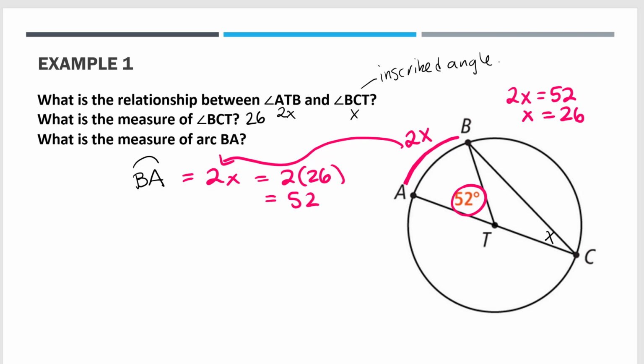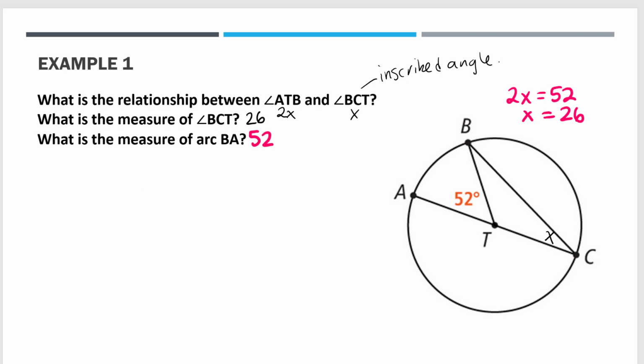So let's look at this from a different perspective. If you look at the diagram, we have an isosceles triangle, because we have the center and we have one radius TC and another radius TB. That means that angle TBC is also x because it's an isosceles triangle.